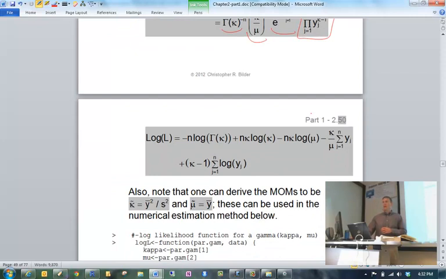We find the log likelihood function. So there's the log. And what do we do next? Take the derivative with respect to kappa. Take the derivative with respect to mu. Set both of them equal to 0. Solve. Guess what? It's not a closed form solution. So what do we do? Numerical estimation. Exactly.